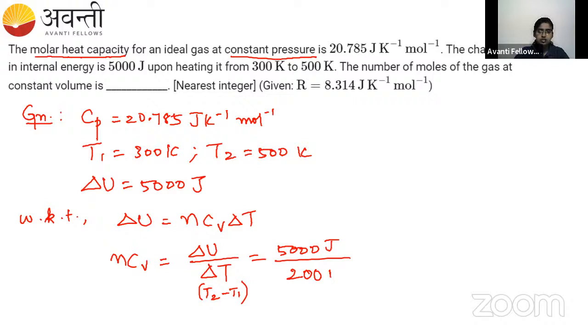If we solve this, we will get 25 joule per Kelvin. So nCv is equal to 25. So what is Cv from here? It is 25 divided by n.